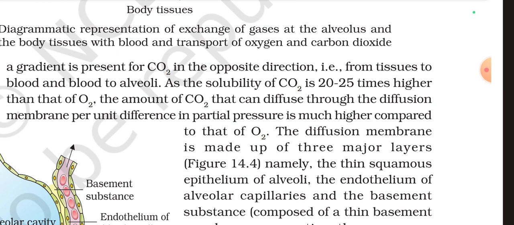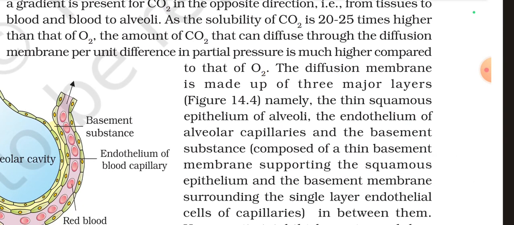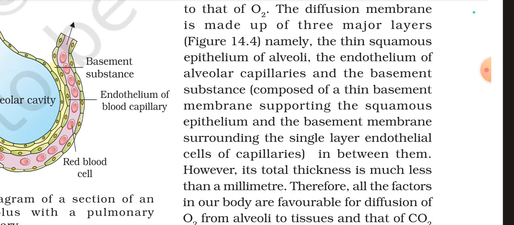alveoli. As the solubility of CO2 is 20 to 25 times higher than that of oxygen, the amount of CO2 that can diffuse through the diffusion membrane per unit difference in partial pressure is much higher compared to that of oxygen. The diffusion membrane is made up of three major layers, namely the thin squamous epithelium of alveoli, the endothelium of alveolar capillaries, and the basement substance, composed of a thin basement membrane supporting the squamous epithelium and the basement membrane surrounding the single layer endothelium cells of capillaries in between them.